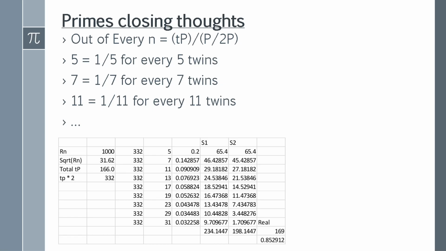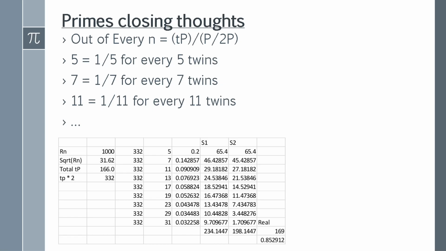We're not going to eliminate 5 times 7 twice. So S1 accounts for 5, 7, 11, 13 itself, so I'm subtracting 1 from each number.